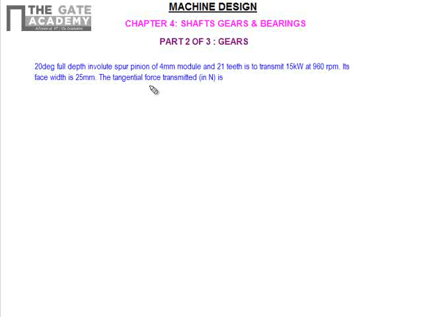First we list the parameters given. The module is 4 mm and the number of teeth is 21. Power transmitted is 15 kilowatts, so 15,000 watts, the RPM is 960, and the face width is 25 millimeters.